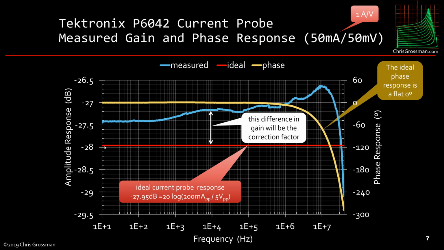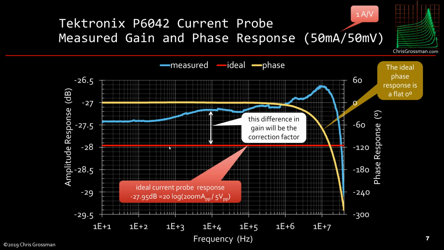So if you make a very simplistic assumption and ignore the inductance in that loop that the current probe is measuring, as well as any impedance the current probe adds, you would expect to see a flat line here at minus 27.95 dB, and a flat phase response.